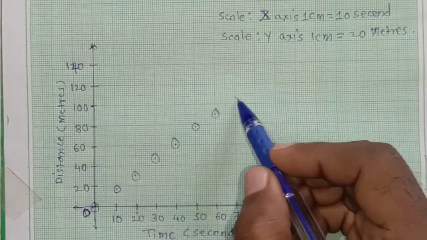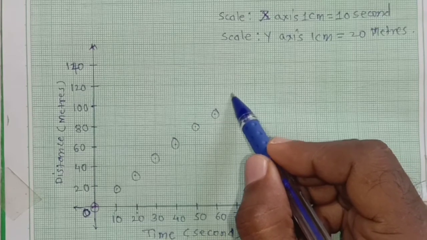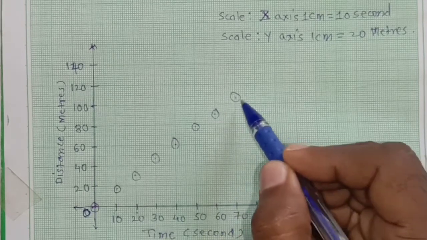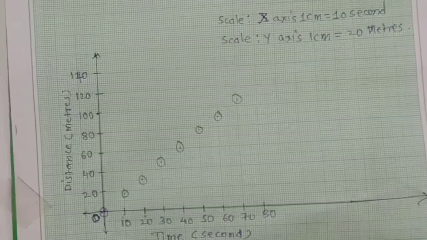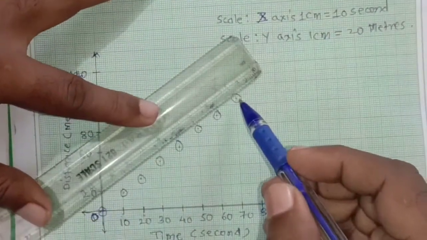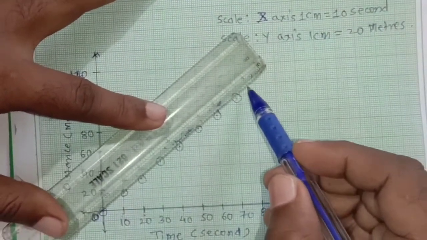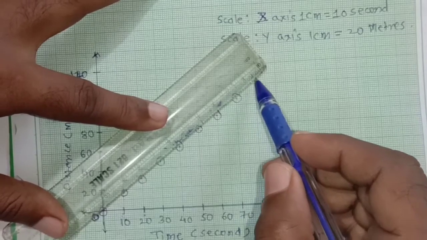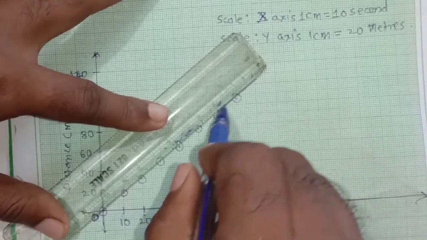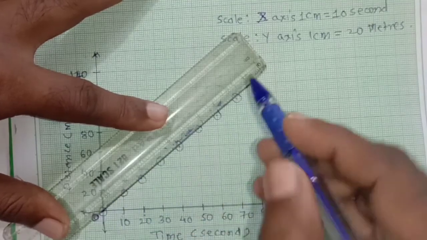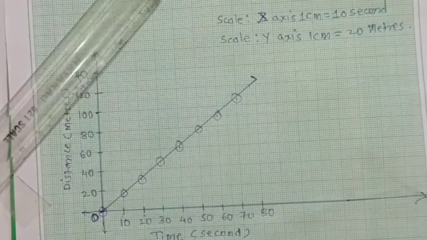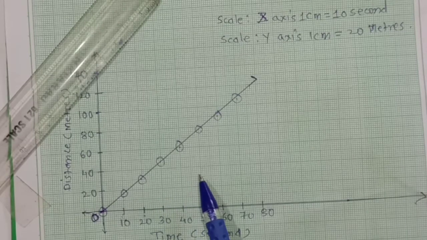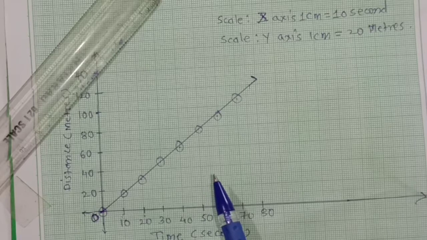So this point is between second and third line. So eighth point is here. Then draw the line through these points. This line shows an object in uniform motion covers equal distance in equal time intervals. Thus, the graph between the distance and time is a straight line.